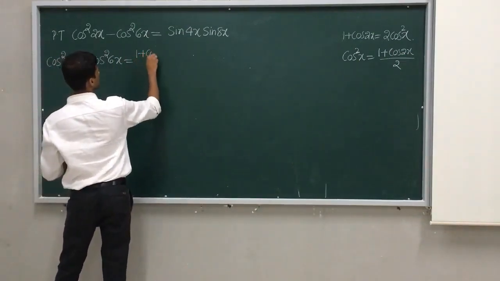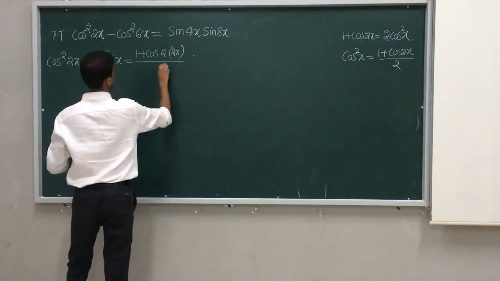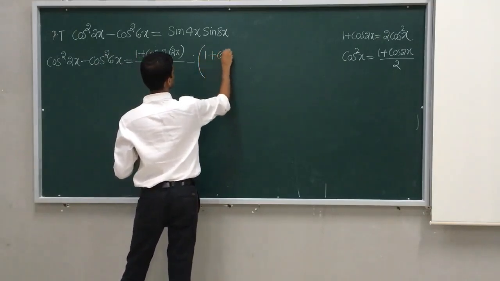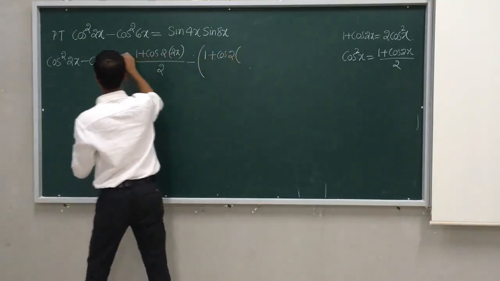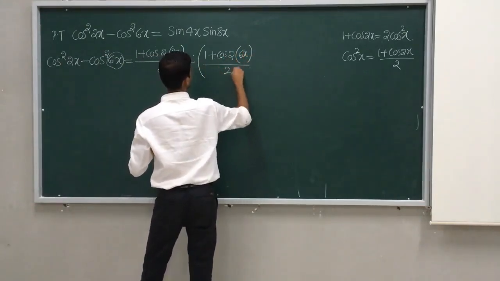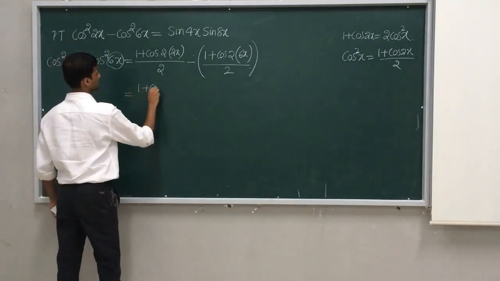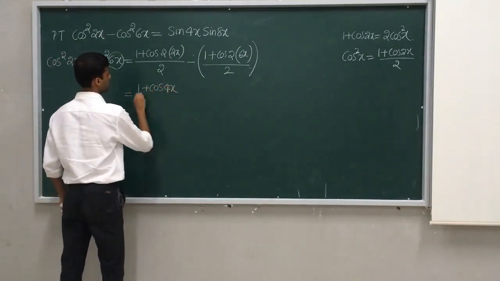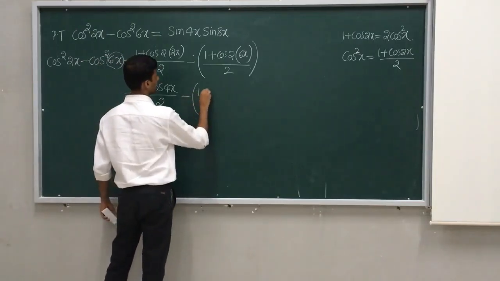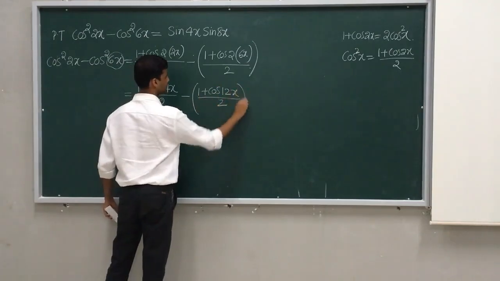(1 plus cos 2 into 2x)/2 minus (1 plus cos 2 into, in place of x what do you have? 6x)/2. Then I will write the steps: (1 plus cos 4x)/2 minus (1 plus cos 12x)/2.